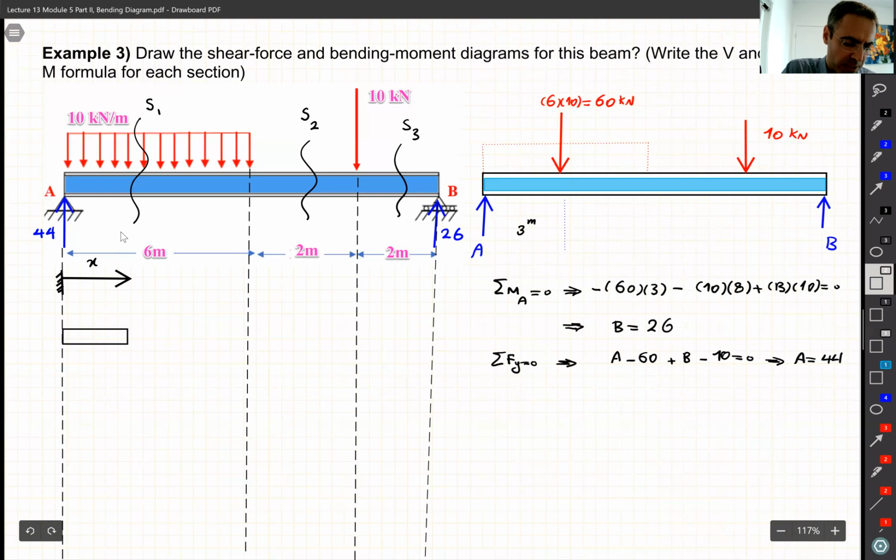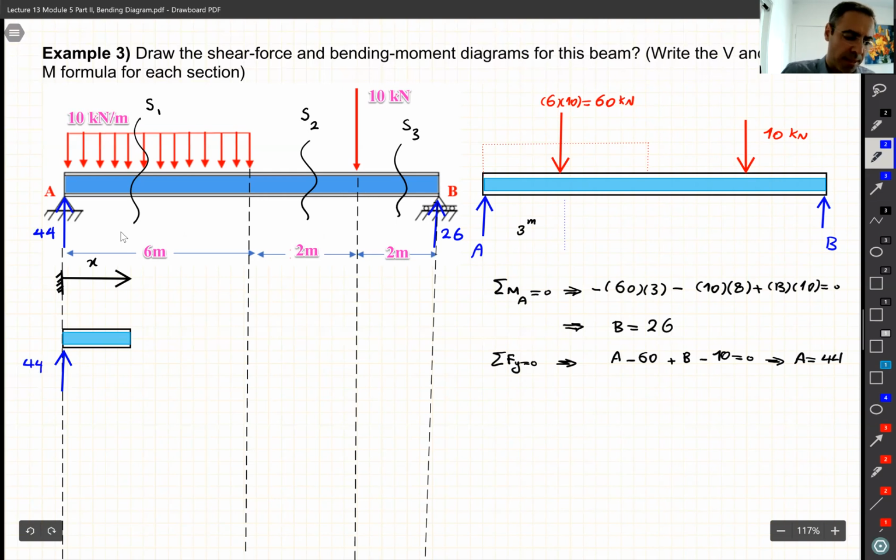So that's my section here. That's the beam. Whatever I see there, so I see 44, I put 44 there. That's good.